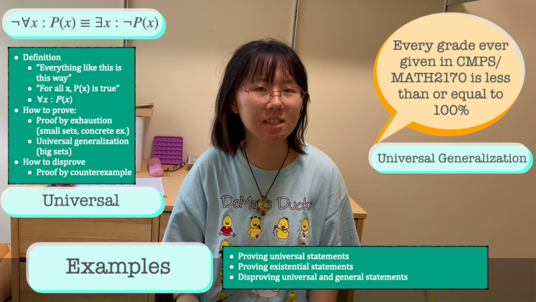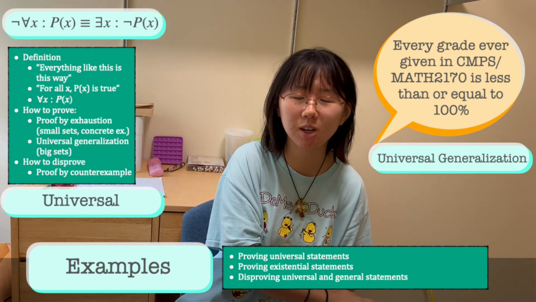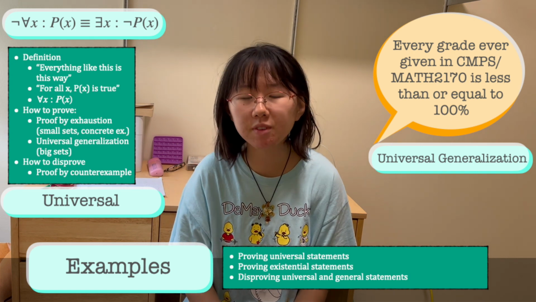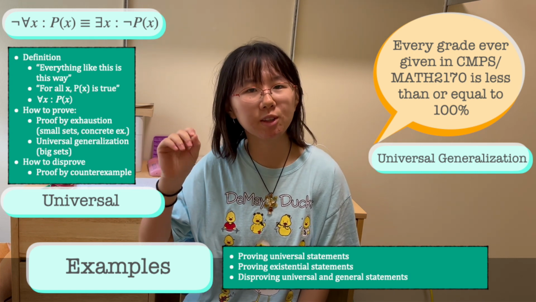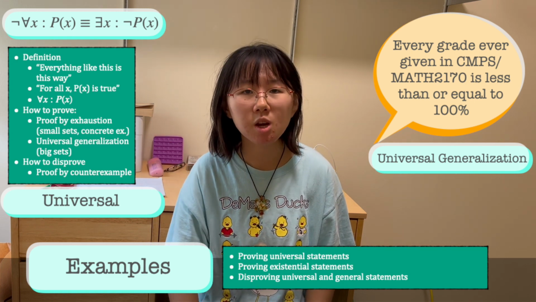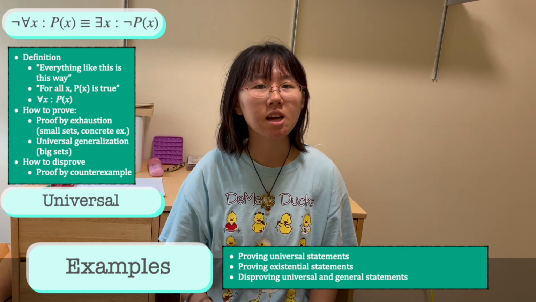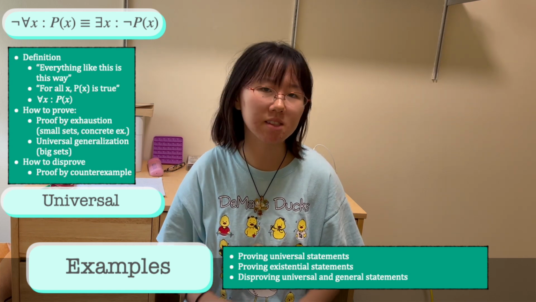So this is kind of an example of how you would see that proof by exhaustion is definitely not the way to go. So for an example of how I would prove this, I would just say, by looking at the syllabus, which are maybe the axioms that we're going by in this case, we can see that for any arbitrary grade in this class, a grade over 100% is never assigned.